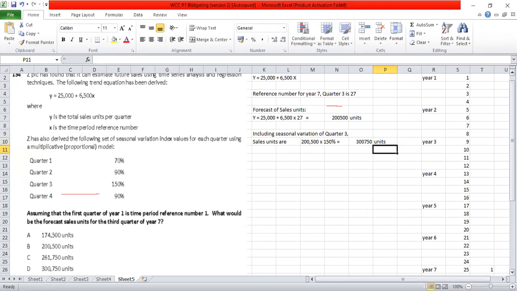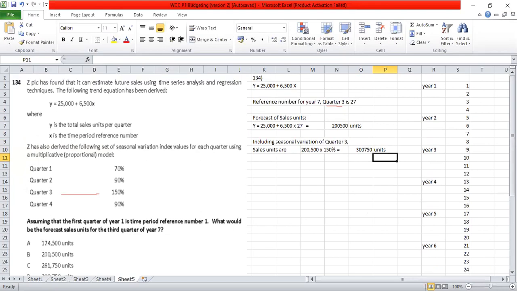So quickly let's look at what is the solution for this one. The solution goes like this. They have taken both techniques, time series analysis and regression technique. In time series analysis, a time period is taken into consideration and the trend is established. After the trend is established, all the variations that have to be incorporated are taken into consideration and the value is adjusted.